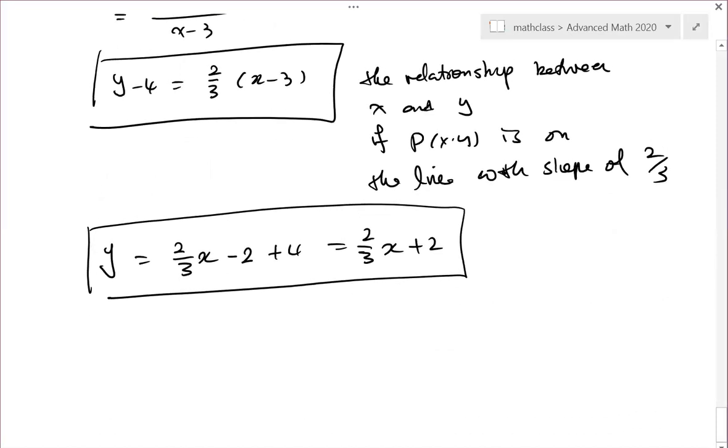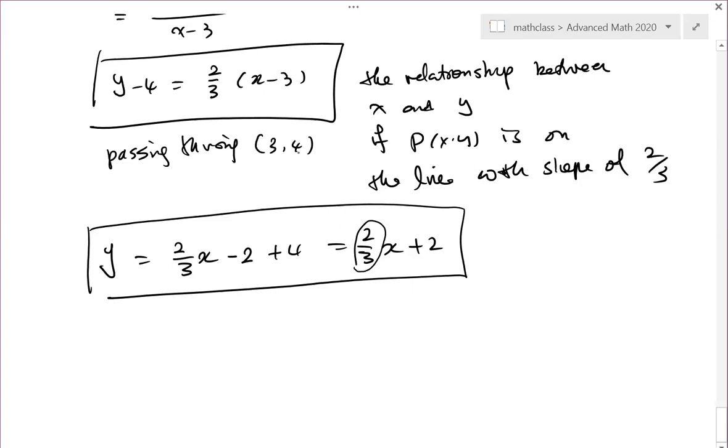There are many forms of the equations, but what is unchanged is this slope number. The above equation indicates the line passing through the point 3 and 4.